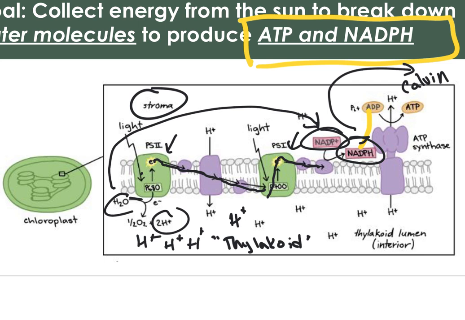Now, this player right here is so important. ATP synthase creates ATP. Remember, we are trying to make cell energy. So yes, photosynthesis does make energy. However, it is very little. It only makes a few ATP.